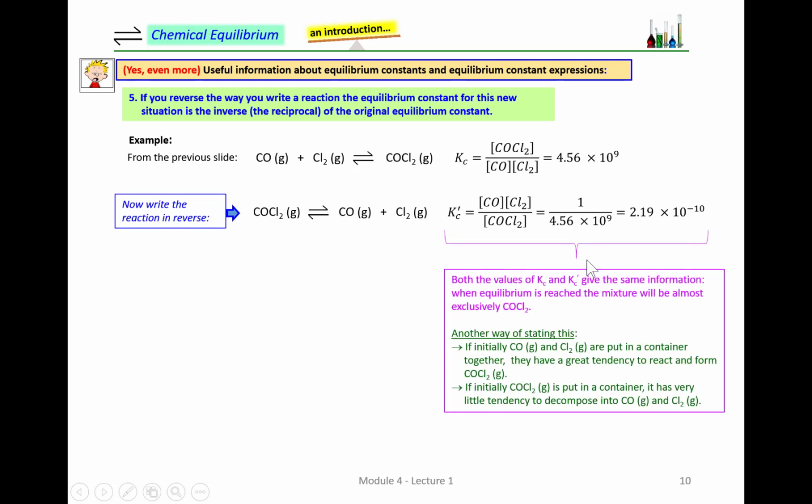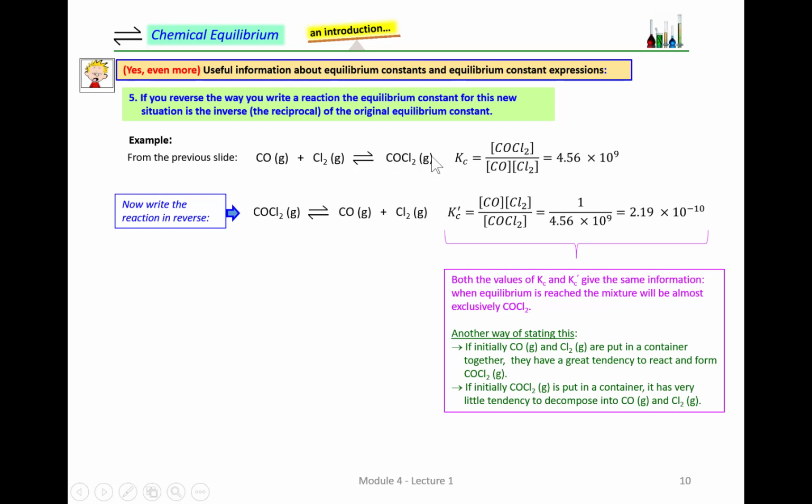Both the values of Kc, the large one, and Kc prime, the tiny one, give us the same information. When equilibrium is reached, the mixture will be almost exclusively CoCl2. If we write the reaction this way, we say the equilibrium constant's huge, meaning at equilibrium it's almost all CoCl2.